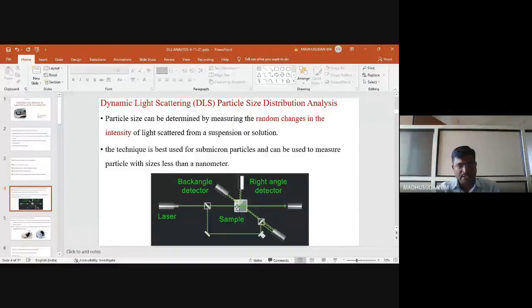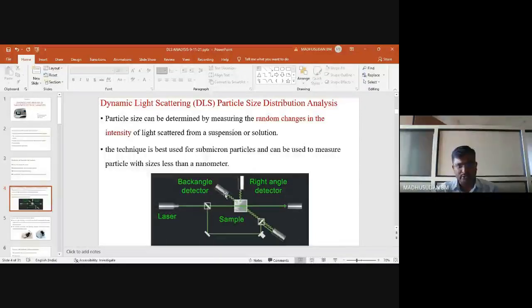The sample may be in the form of a powder suspended in some kind of solvent, or a solution, and has to be kept in a transparent glass tube or glass chamber, which we can call a cuvette. That has to be placed between the laser source and the detector.